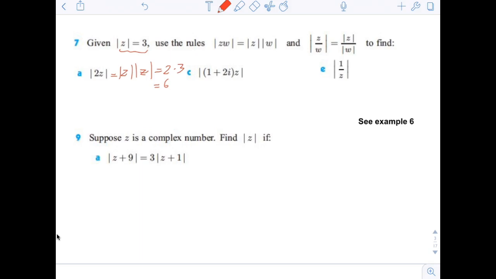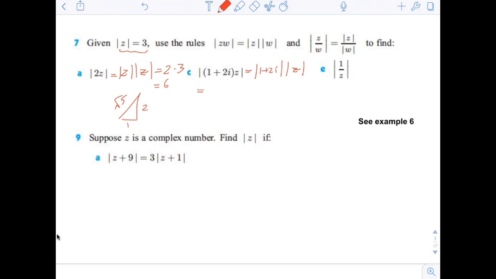C, I have the modulus of 1 plus 2i times z. And I could separate that into two parts. I could have the modulus of 1 plus 2i times the modulus of z. Remember, the modulus of z is 3. So the modulus of 1 plus 2i is square root of 5. 1 squared plus 2 squared is 5, square root.